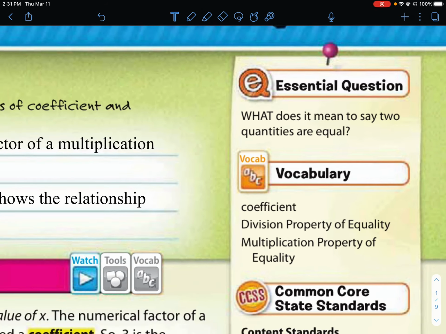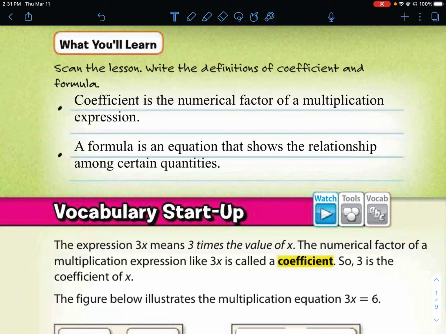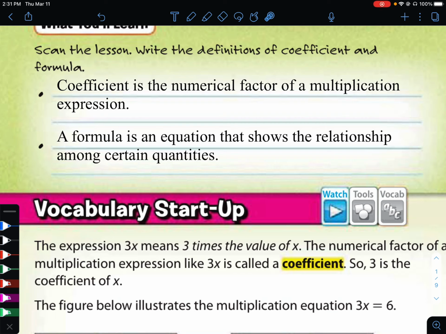So let's go here, what you learn. If we scan our book, we can find the definition of what a coefficient is and the formula. We've defined a coefficient before in our previous lessons, okay? And we know that the coefficient is the numerical factor of a multiplication expression. We'll talk about that a little bit.